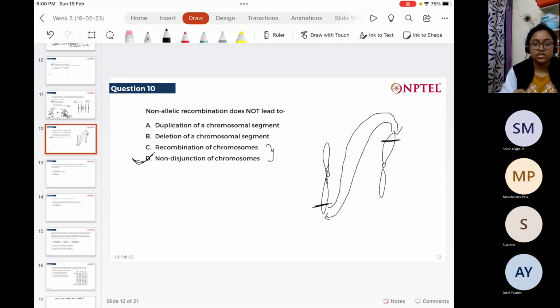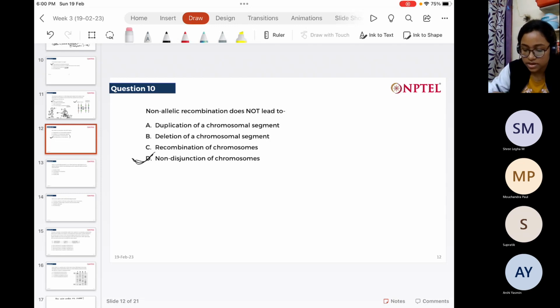This is the translocation that happens between chromosomes. Got it? So for this question, non-allelic recombination does not lead to non-disjunction, but it does lead to recombination process. Is it clear to you all?